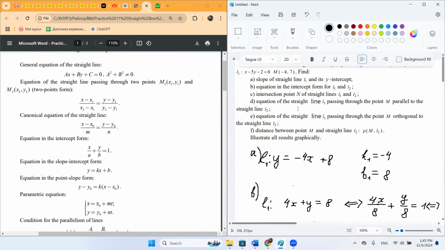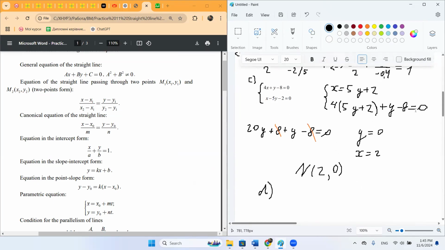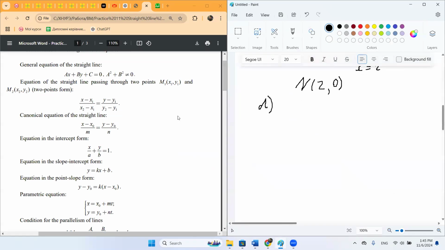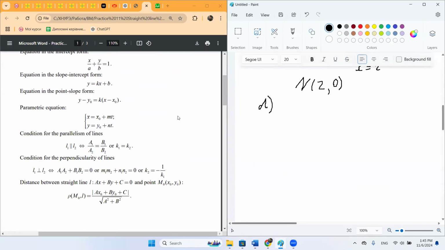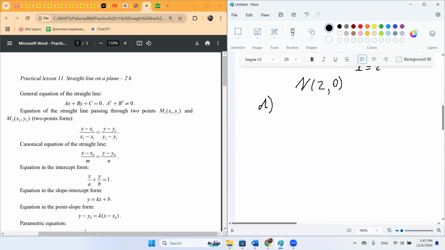So we need to find the equation of straight line L3. We don't know this line, but we know that it passes through the point M, and it is parallel to straight line L2. So what can we do with such information?